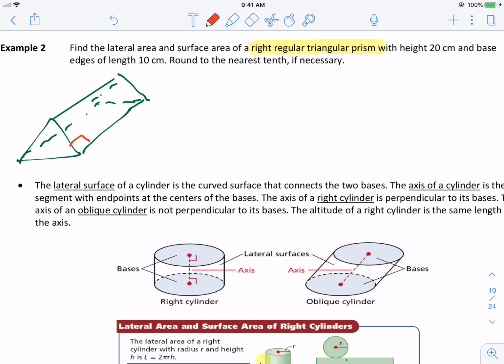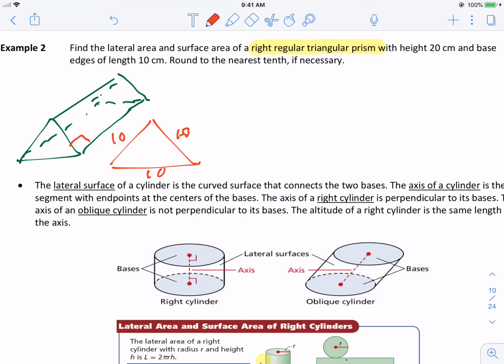So let's re-sketch this out where we're looking at one of these triangular bases. We know that the base edge lengths are 10 centimeters. So we have an equilateral triangle, and we've got 10, 10, 10 all the way around.